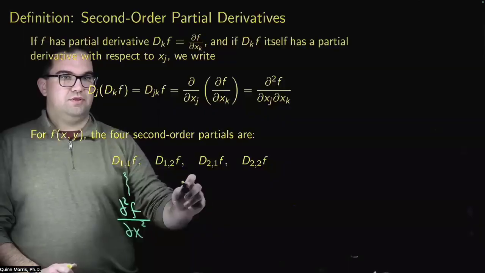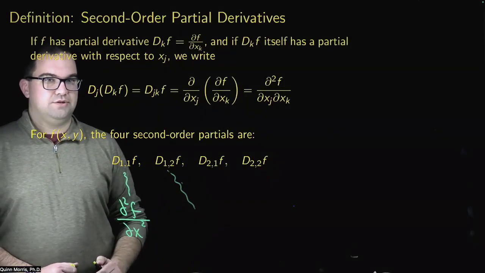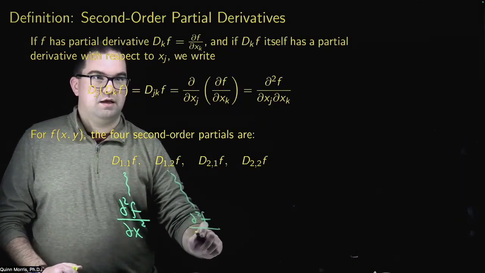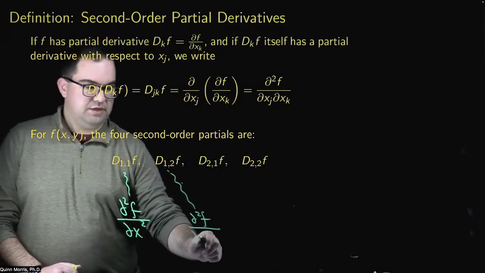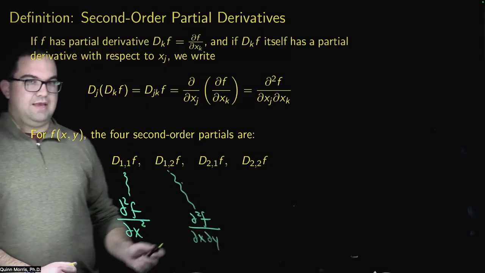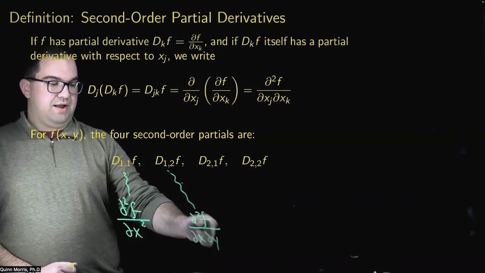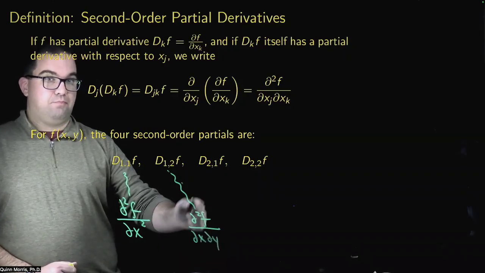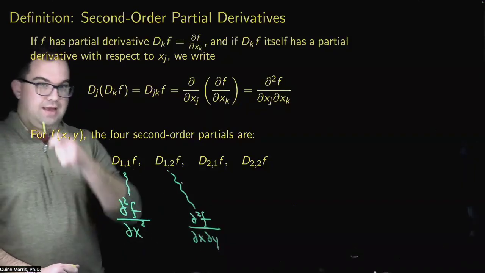But once we get into these mixed partial derivatives, so for example, d12, that would be d squared f, partial x, partial y, okay? And again, we think about what we're doing to f. First, we're taking a partial derivative with respect to y, and then we're taking that partial derivative of f with respect to y and taking a partial derivative of that with respect to x.